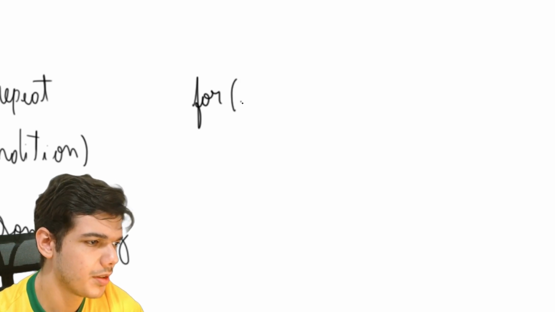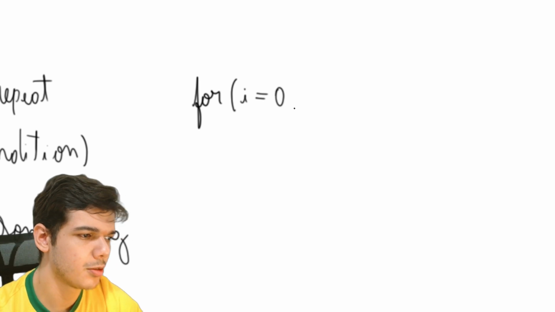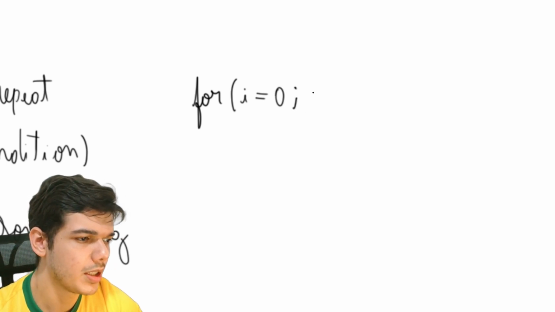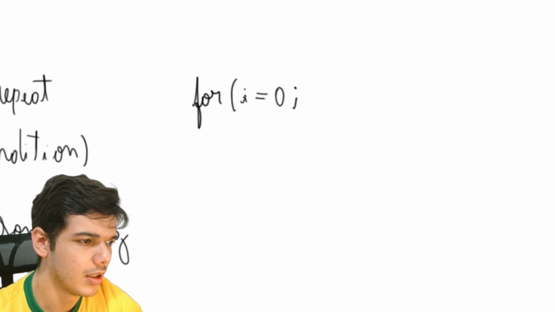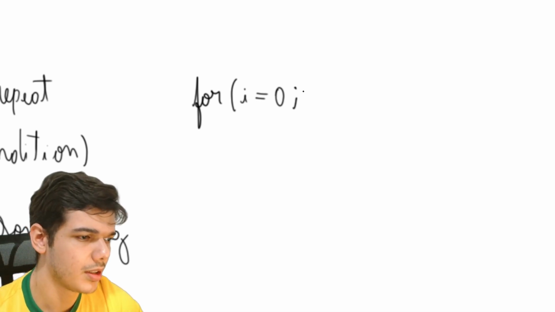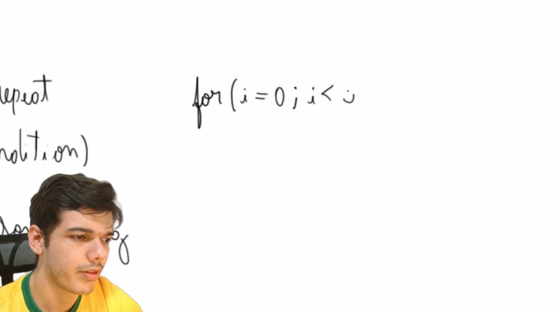The first one is the iterator that we will set to 0 in this example. The second one is the condition itself, and as in for we use iterator, the condition can be like I less than 5.